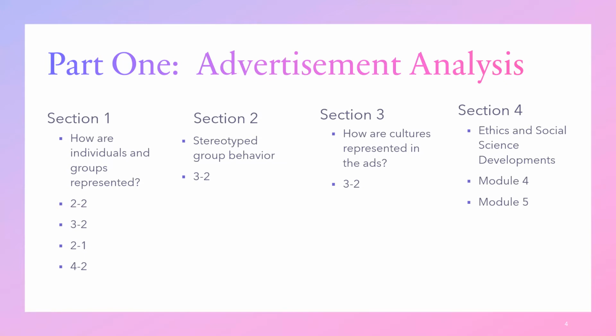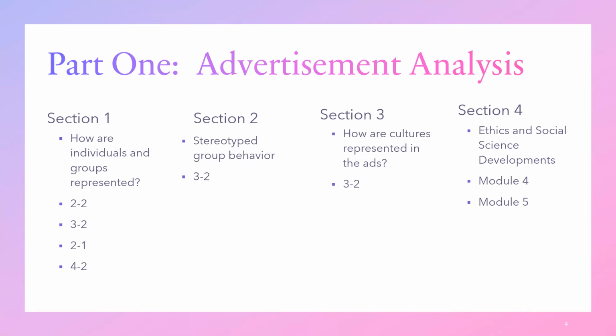In section 2, you are going to be discussing the stereotyped group behavior in the advertisements. This was from your 3-2 assignment. What are the ads saying about the behavior of the groups represented in them? For example, is it saying that all women are careless? Is it saying that all men are looking for an adventure?